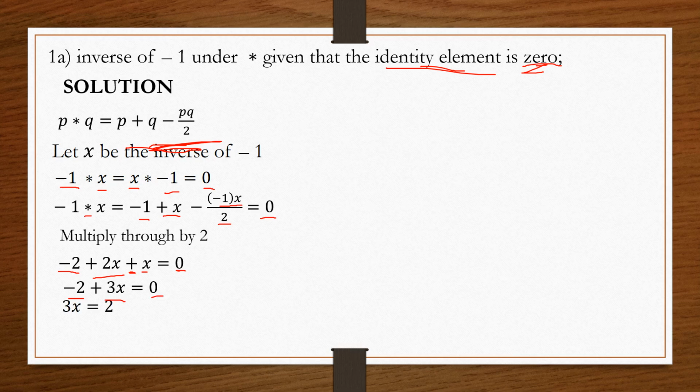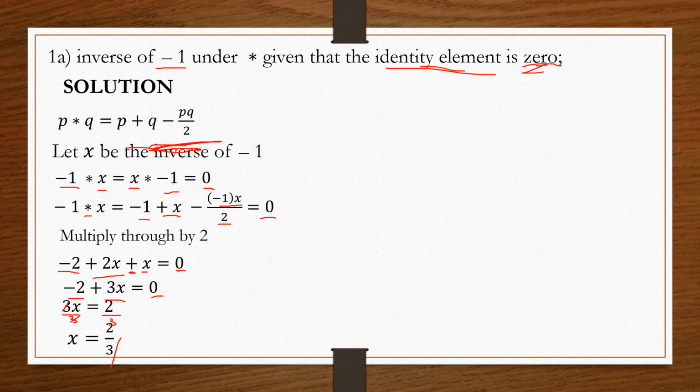Then we take 2 to the other side, the negative becomes positive, and we divide through by 3. This gives x equal to 2 over 3. So the inverse of minus 1 is 2 over 3.